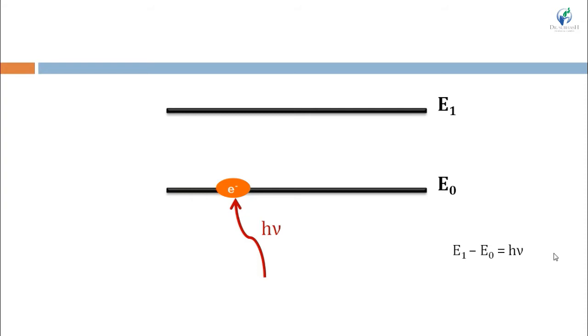When the electron gains that energy, only then can it cross this energy difference and go to the E1 orbital. Any electron exists in an orbital because it has sufficient energy to be in that orbital only, right?